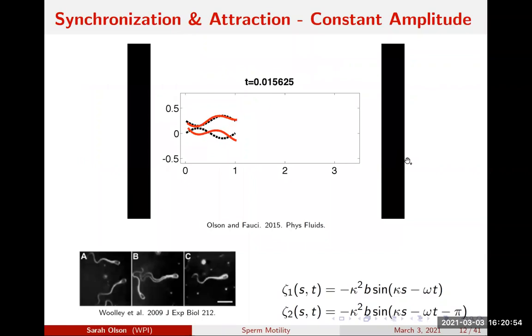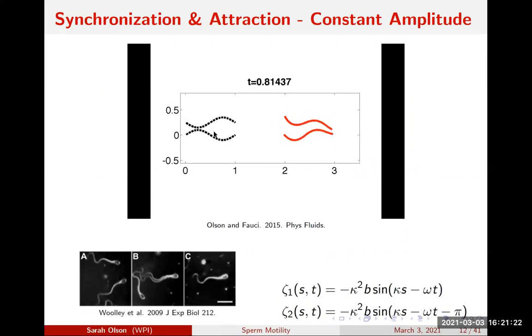Okay, so what we wanted to do is understand if I have two filaments, do we get things like attraction, and can we also get synchronization of these swimmers? So here I have the initial starting point in these black dashed lines. And what we do is we actually start them out of phase.